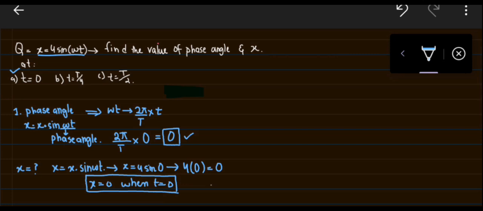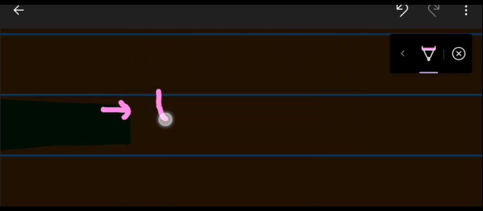I first found the phase angle and then the displacement. Let's do part B again for you guys, so it will be much clearer. In the second part, the time given is T by 4.